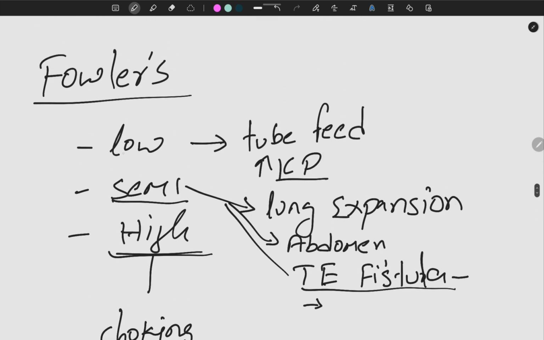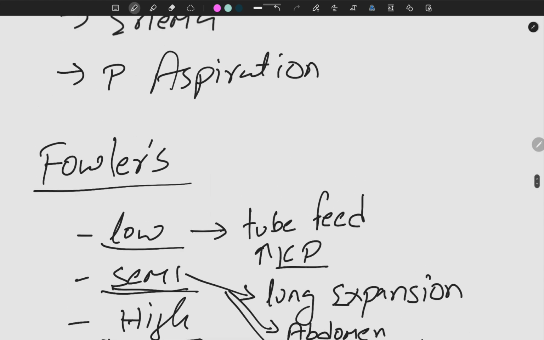So in the Fowler's position we have the low Fowler's, semi Fowler's, high Fowler's. In low Fowler's the patient will be lying on the bed at a 30 degree angle. Okay, in the case of semi Fowler's, the patient has a 45-degree elevation.